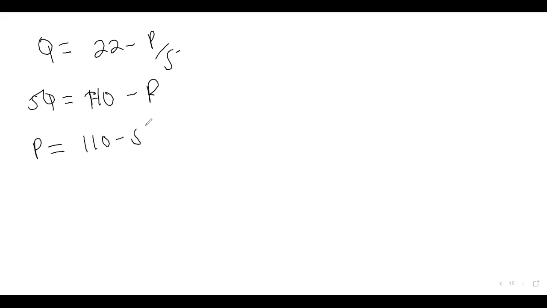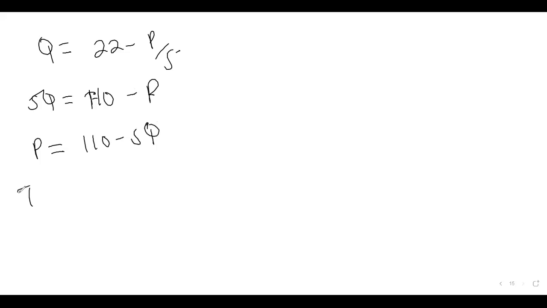The quantity is equal to 22 minus P over 5. Remember that a monopolist always uses the inverse demand function, so we have to make price the subject. If you multiply both sides by 5, you have 5Q equals 110 minus P. That means price is equal to 110 minus 5Q.